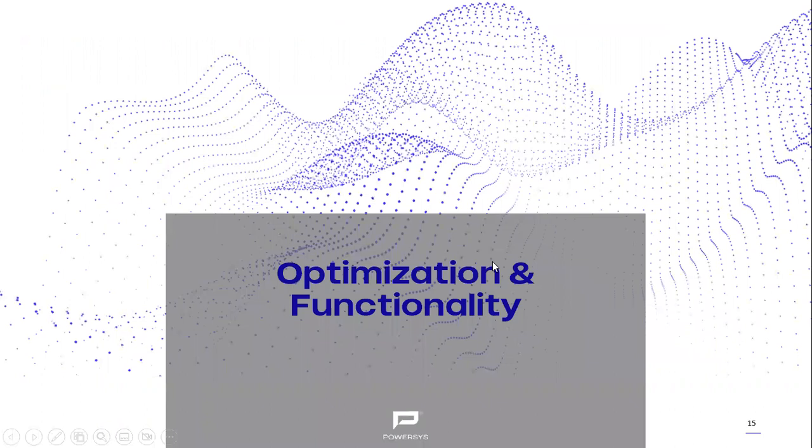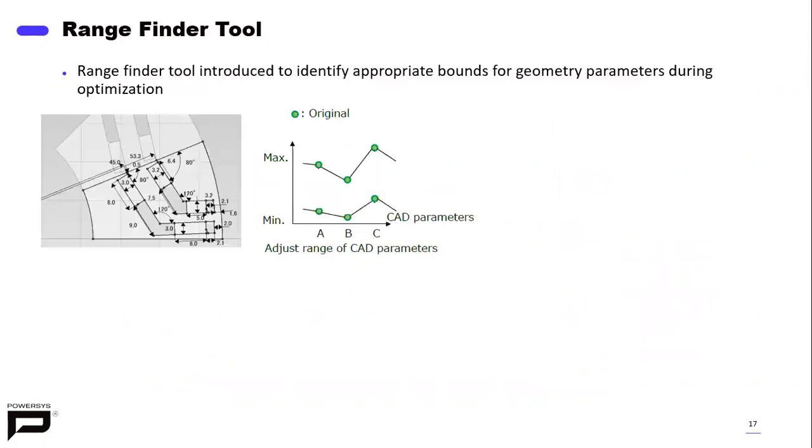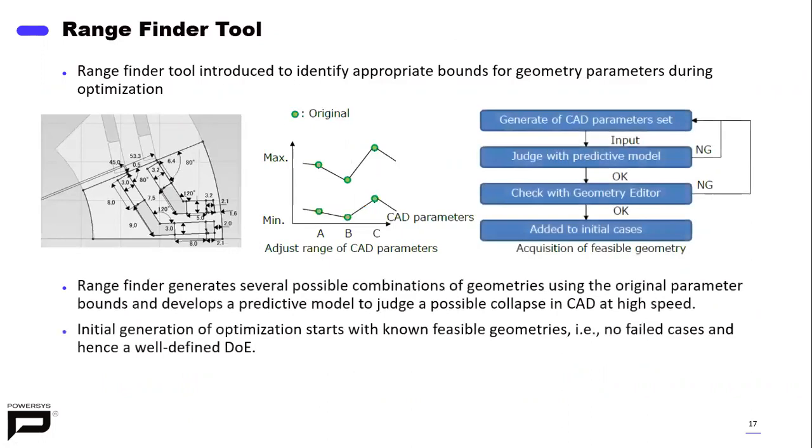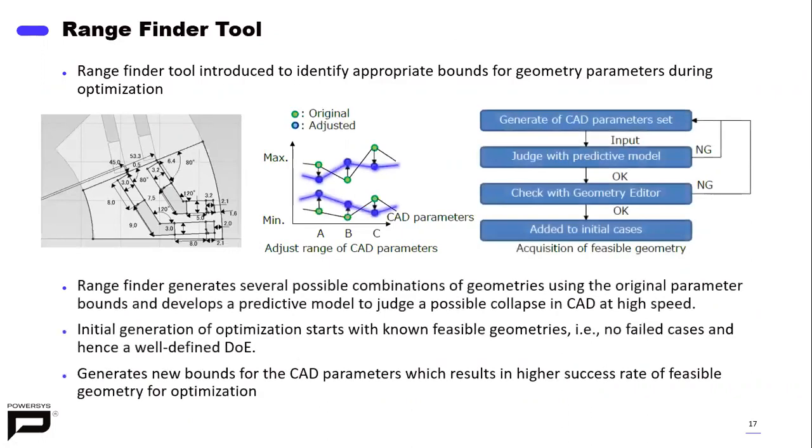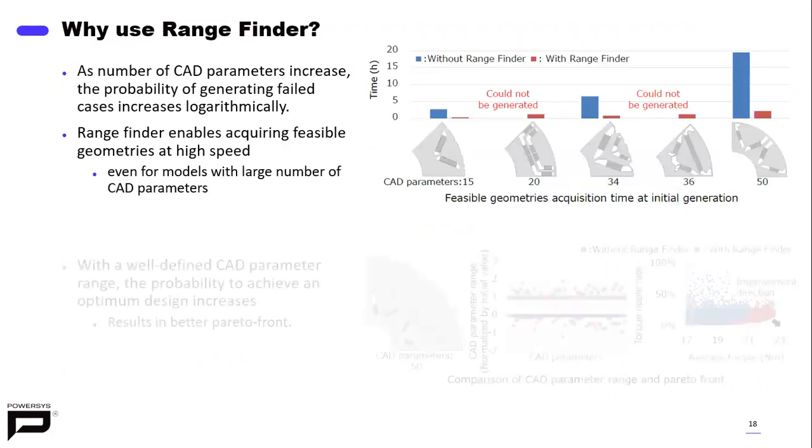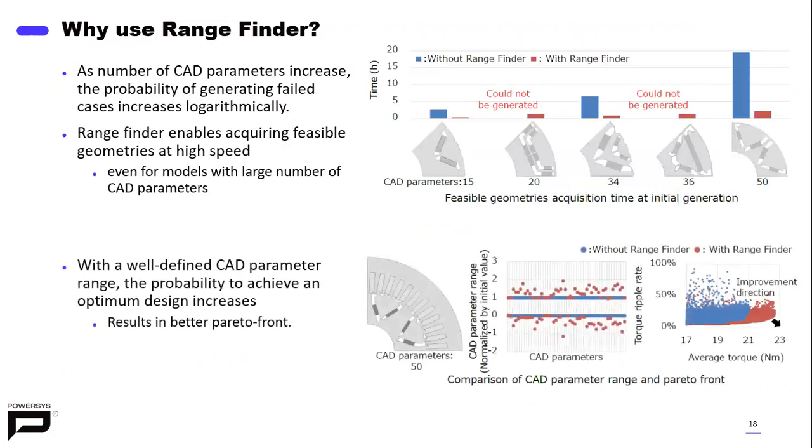And regarding optimization and functionality, we have seen how rangefinder is used to get the geometry without any damage, how it enhances the speed of the optimization, and how it advances the Pareto curve in order to meet our objective function at a better level.